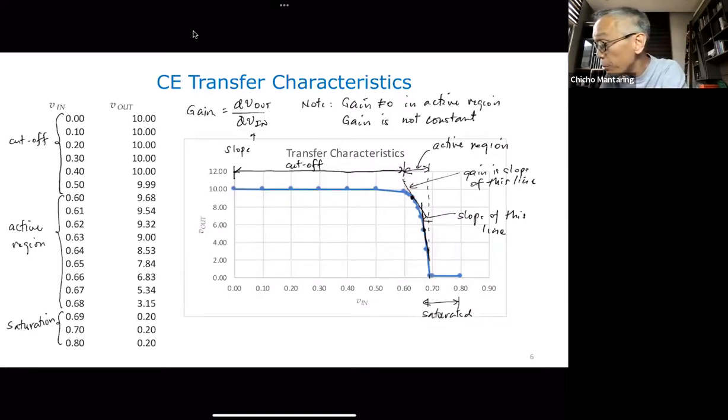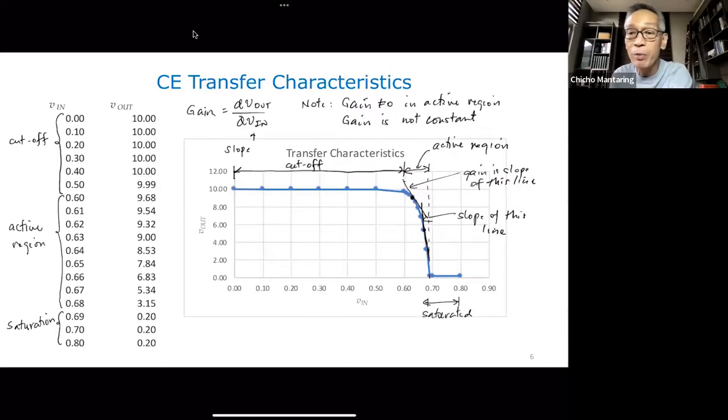For example, I want to choose my operating point here because I know that I have a higher gain here than if I choose my operating point here. Okay. Now, is that bad? No, is it bad to have an operating point here? No, it's not bad, as long as we make sure that our input signal does not bring us to saturation right away. And if your input signal variation is very small, it's possible that criteria will be met.